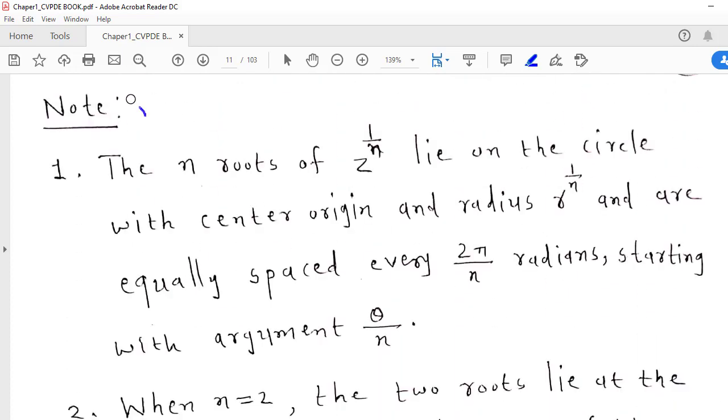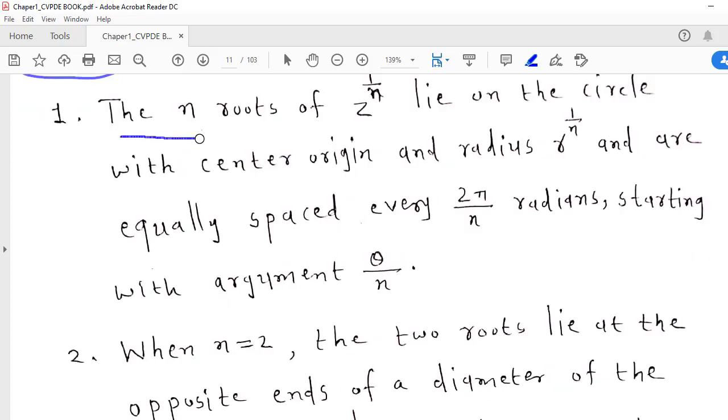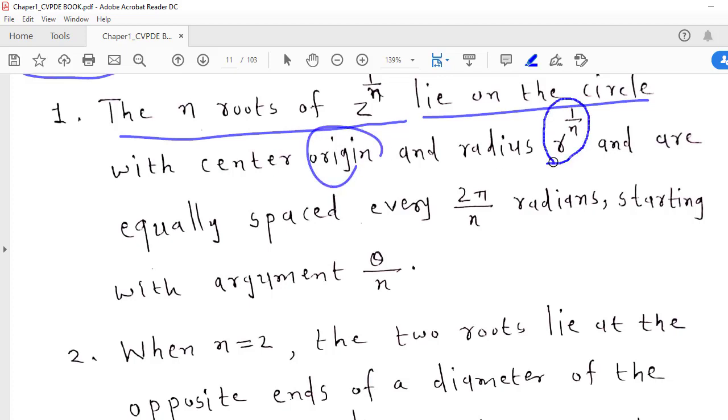So we make a note here that the n roots of z raised to 1 by n always lie on a circle whose center is the origin and radius is r raised to 1 by n. What is r? r is the modulus of z.